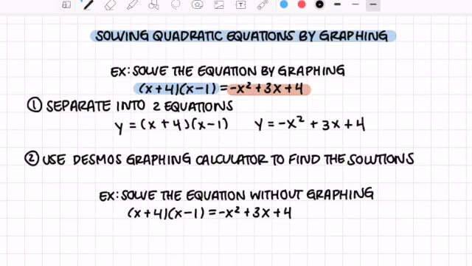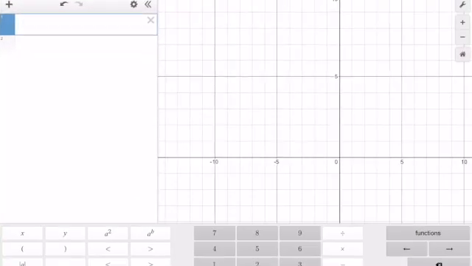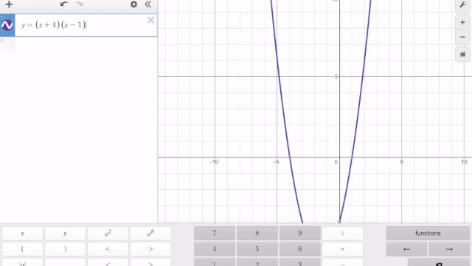Once we do that, I'm just going to use specifically the Desmos graphing calculator to find the solution. So if you search up Desmos graphing calculator, you should be able to identify the graphs of these two equations. So if I were to go to Desmos graphing and type in those two equations, the first one was y equaling parenthesis x plus 4 and parenthesis x minus 1.